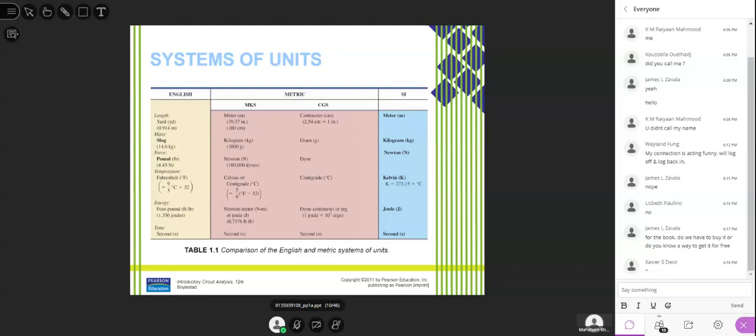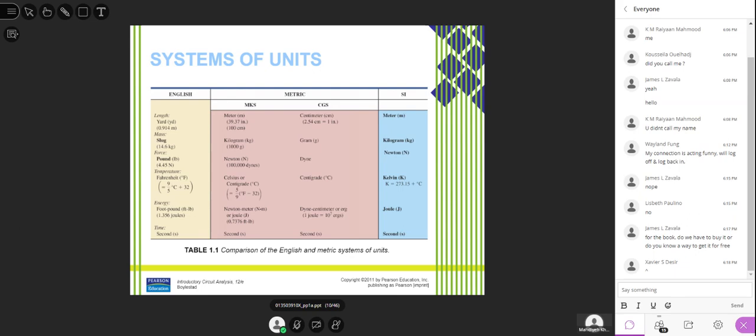But here is a very important table that shows the different units for the English system, for the metric, and the SI system. The SI system usually follows the metric system, but here is what we have and the relationship between each of them. For example, for lengths, if you want to measure any distance or any length, in the English system you have yard, which is almost 0.914 meter. In the metric system, in the MKS one, we have meter for measurement.